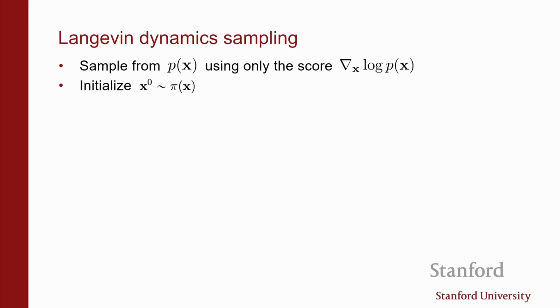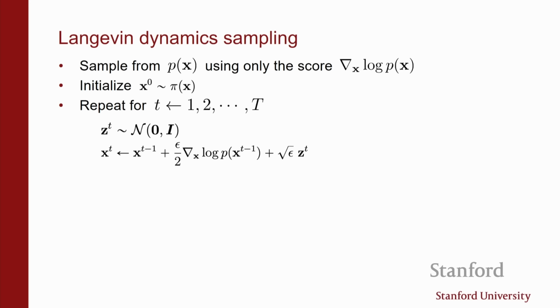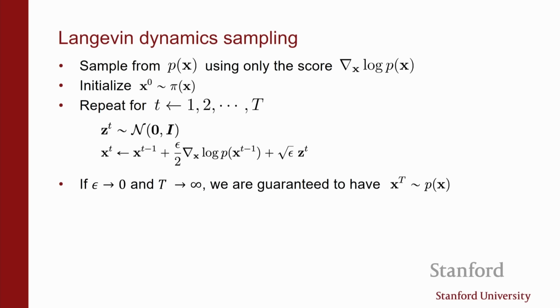So we know that if you initialize your particle, it doesn't matter how you do it, and then you repeat this process of following the noisy gradient, in the limit of small step sizes and infinite number of steps, this will give you a sample from the underlying density.